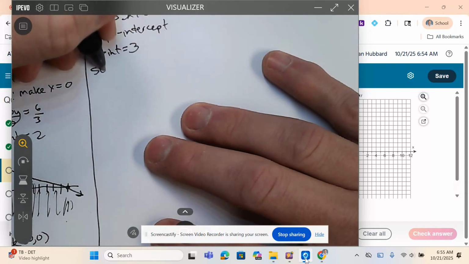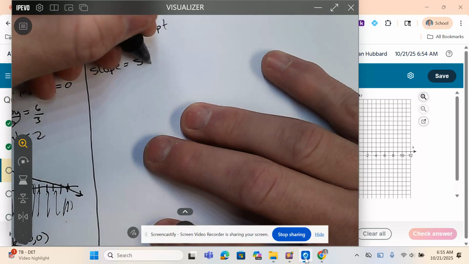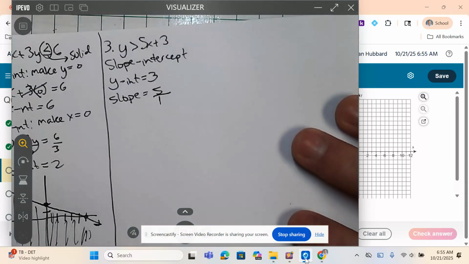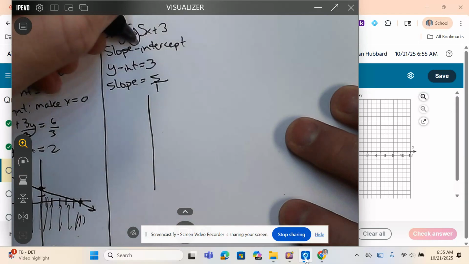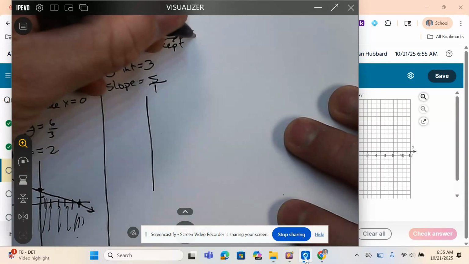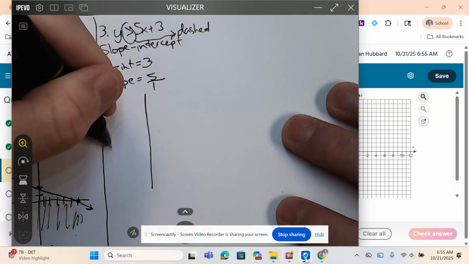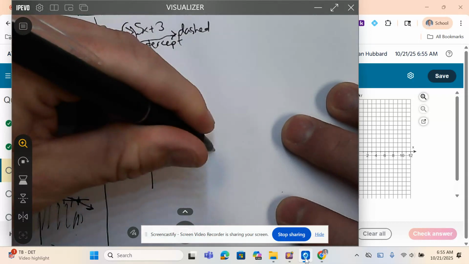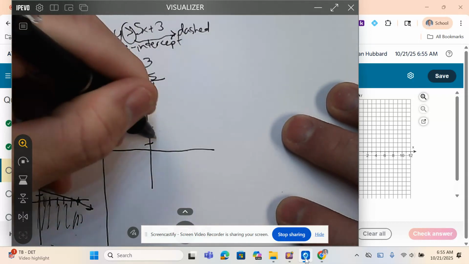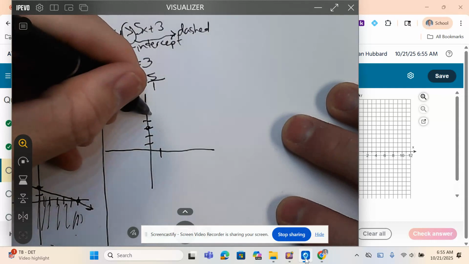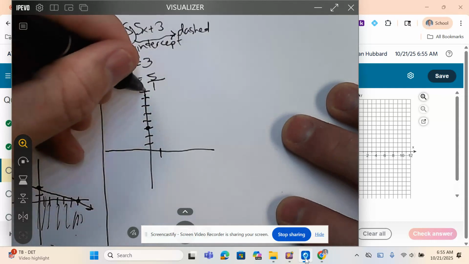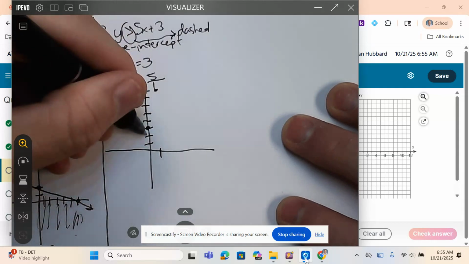The slope is equal to 5, or 5 over 1. Okay, so I'm going to graph this, and it's going to be dashed. So 1, 2, 3. So y-intercept of 3, then you go up 5, 2, 3, 4, 5, over 1, and it's going to be dashed.